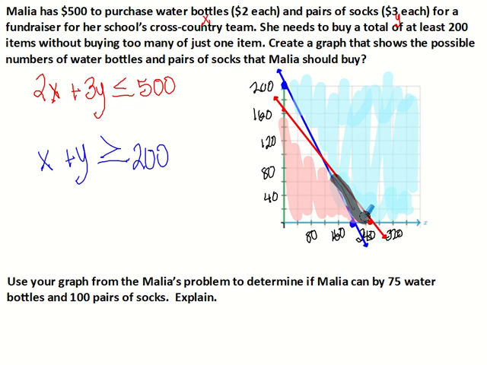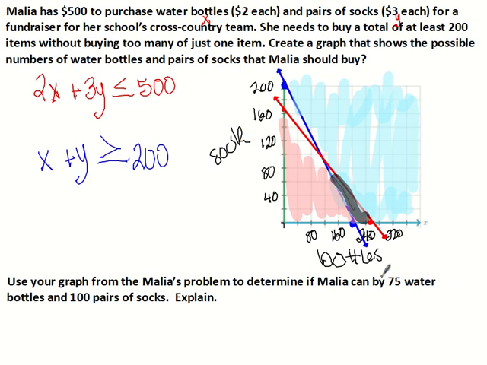So then it says, use your graph from Malia's problem to determine if Malia can buy 75 water bottles and 100 pairs of socks. So if we remember, our x's were our water bottles, right? Down here is the bottles. And this was the socks.